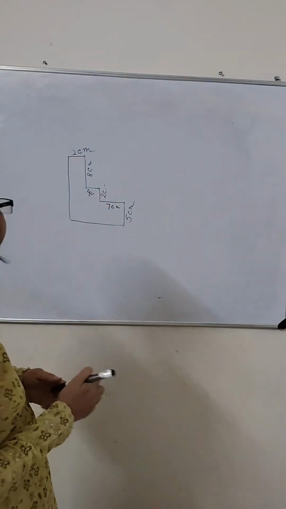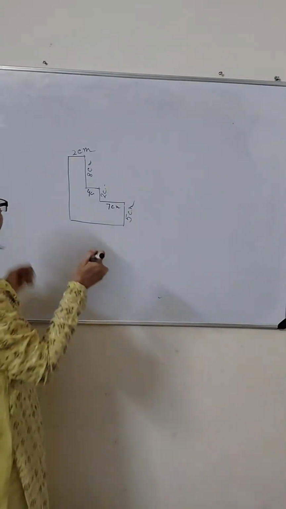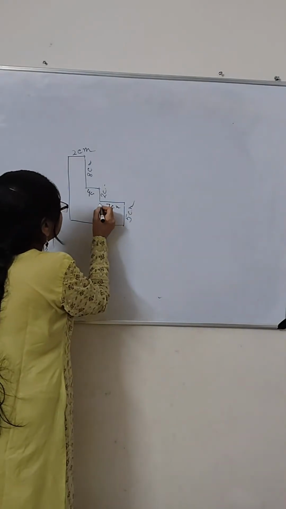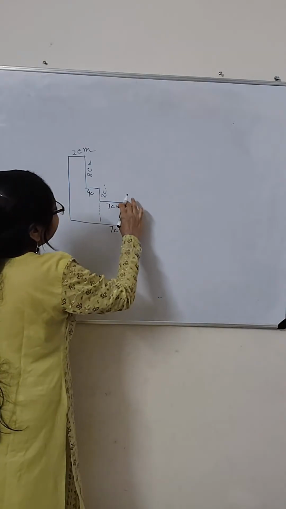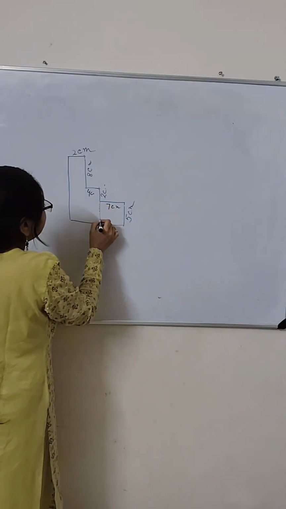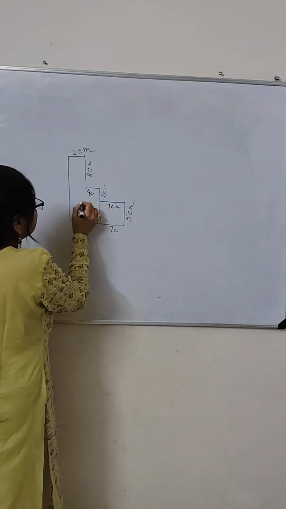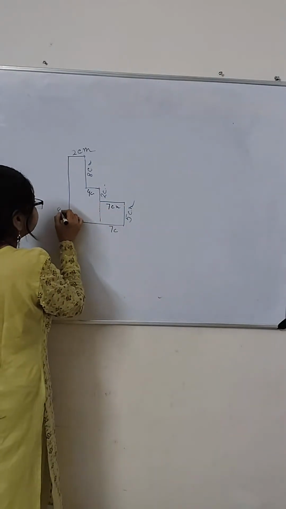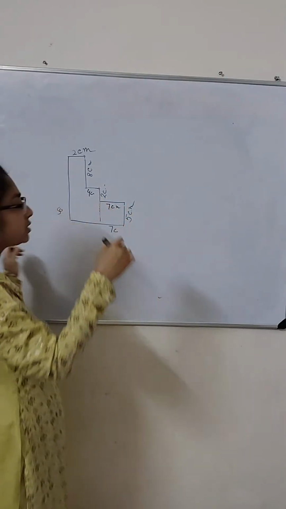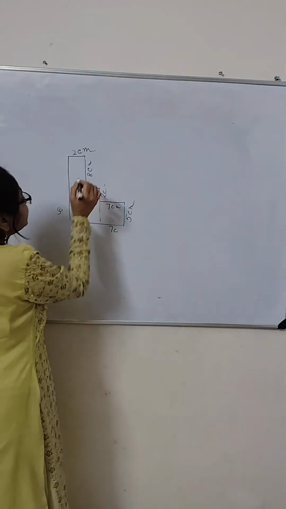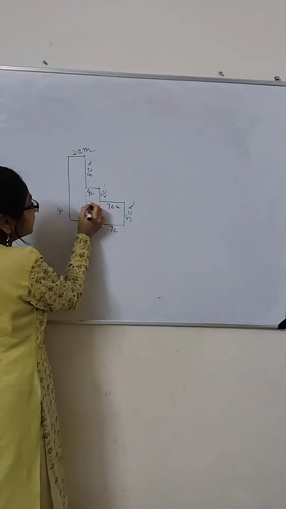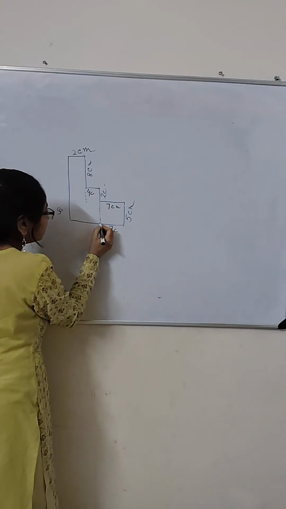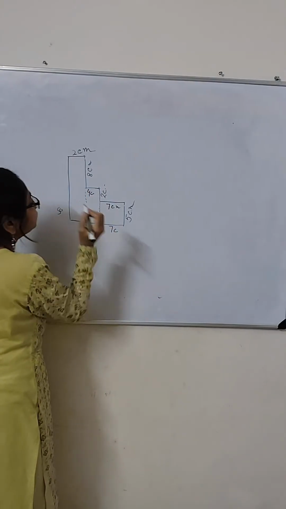Okay? Now, I start. This is 7, means it is also 7. It is 5, means this part also 5, because it is a rectangle shape. It is 4, means it is 4 and it is also 4.